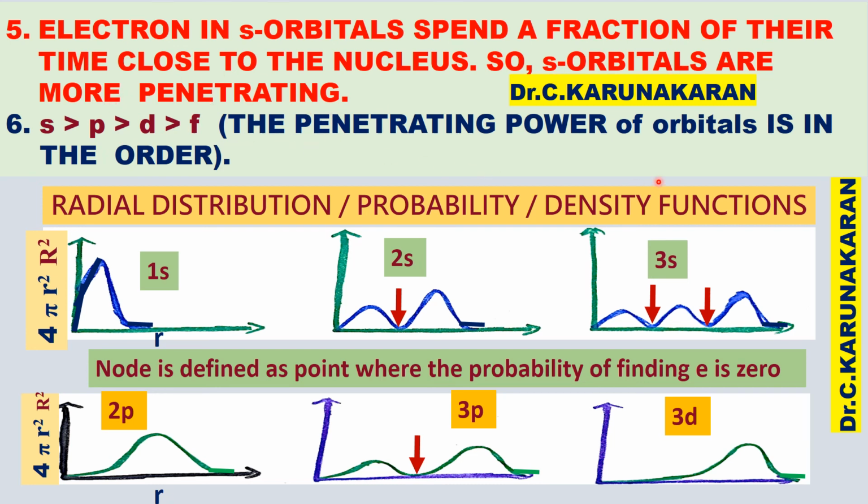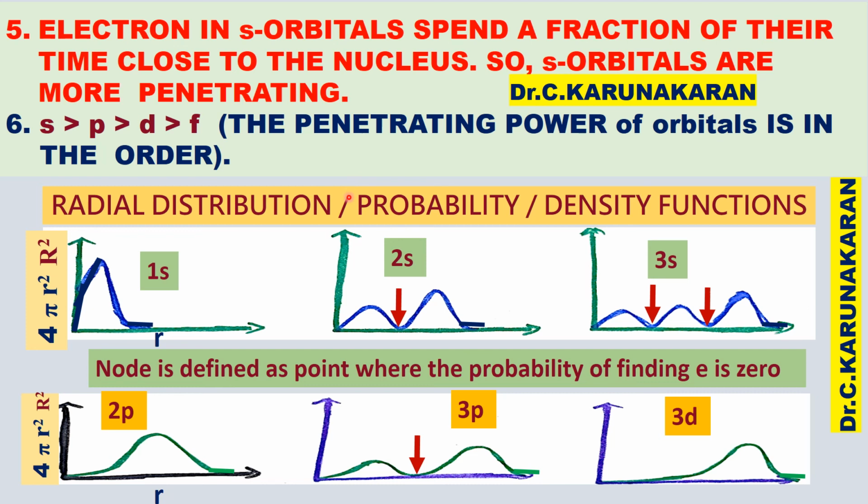The penetrating power of various orbitals is given in this order: s orbital has greater penetrating effect than p orbital, p orbital has greater penetrating effect than d orbital, and d orbital than f orbital. These are all very important to describe the properties of atoms, molecules, and compounds.